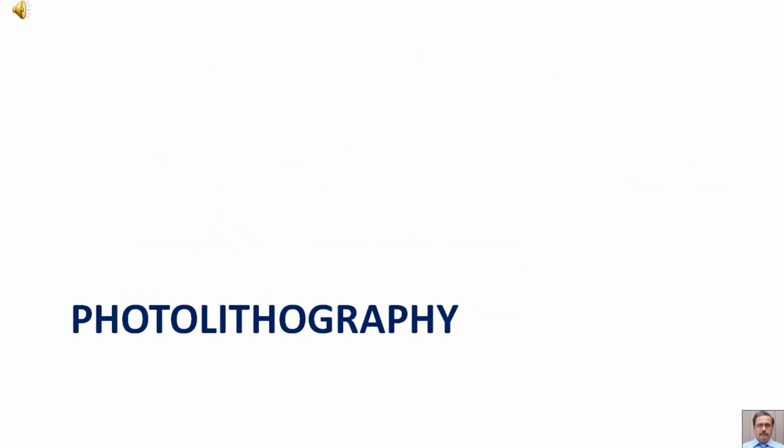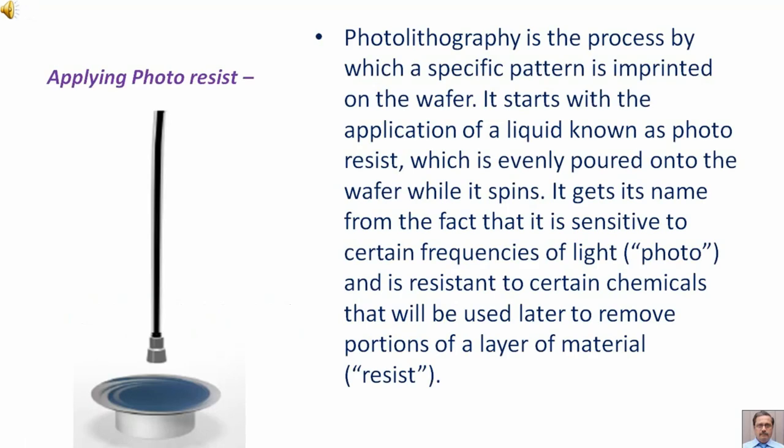Photolithography. Applying photoresist. Photolithography is the process by which a specific pattern is imprinted on the wafer. It starts with the application of a liquid known as photoresist, which is evenly poured onto the wafer while it spins.